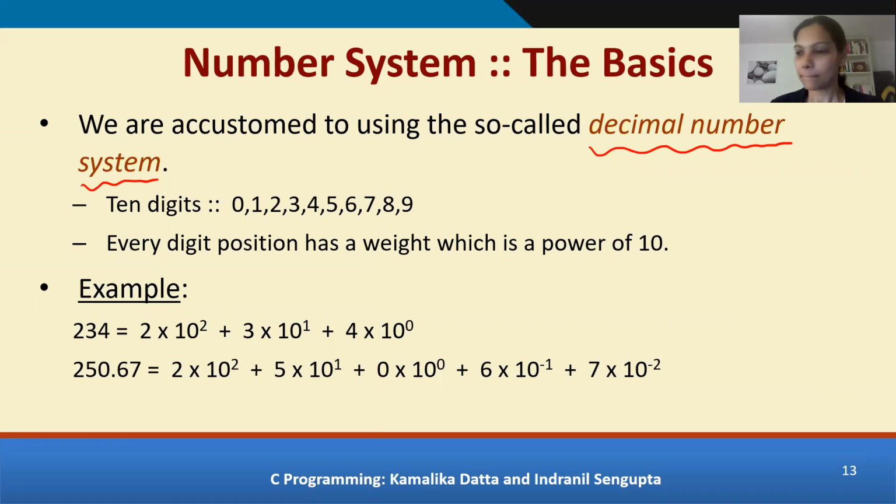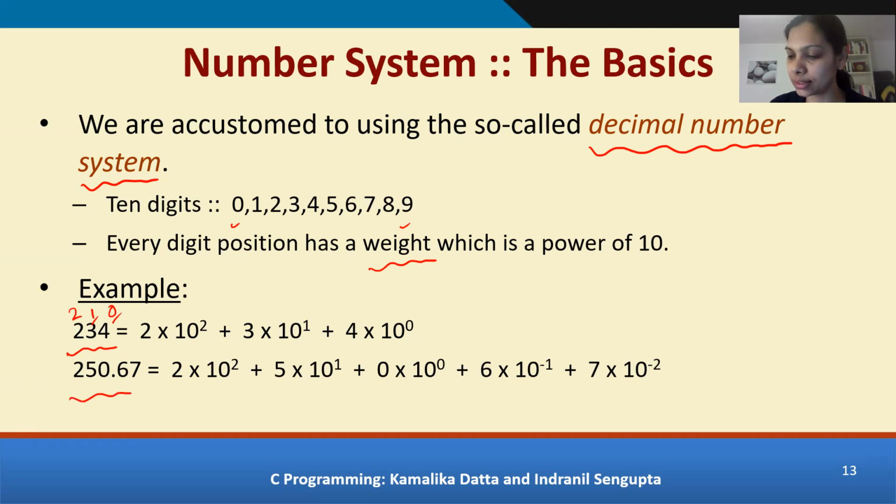Coming to the decimal number system, you have digits from 0 to 9, and every digit position has a weight. For example, if you take 234, the positions are 0, 1, and 2. So this is 2 multiplied by 10 to the power 2, 3 multiplied by 10 to the power 1, and 4 multiplied by 10 to the power 0, which if you add, you get 234.